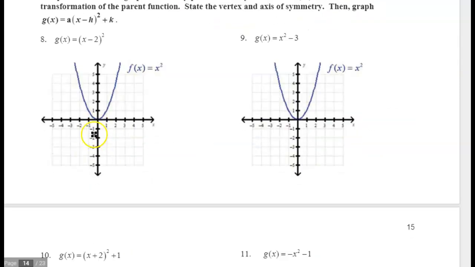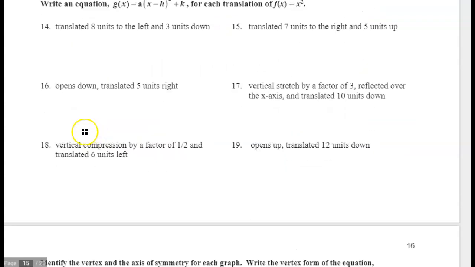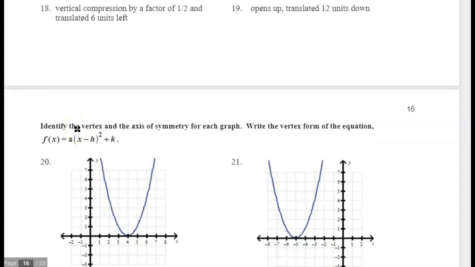Okay, yesterday you did 1 through 13. Today you're finishing this up. And again, this is not a stretch. That's a compression. This is a stretch.